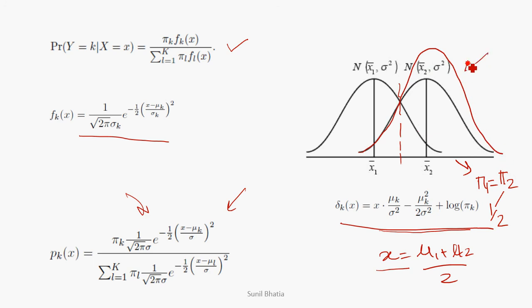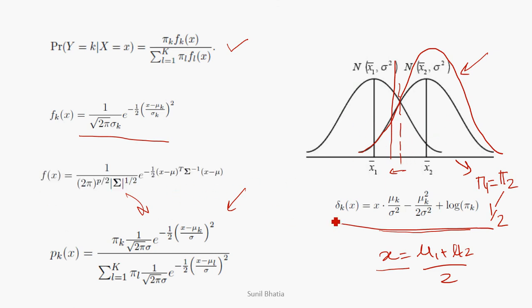The probability of getting a data point in this cluster will be much larger, so this boundary will start shifting in this direction. As this normal cluster gets bigger and bigger, the boundary line will shift towards the left-hand side. So in this way, the probability helps us find the boundary line equations between the two distributions or clusters.